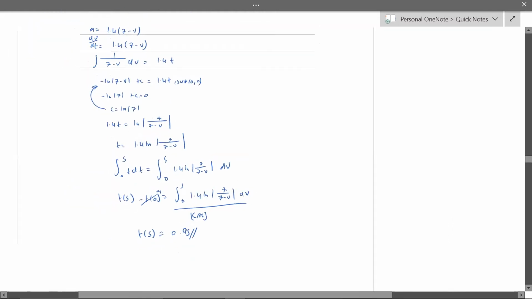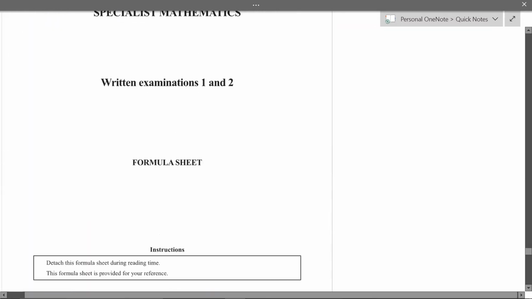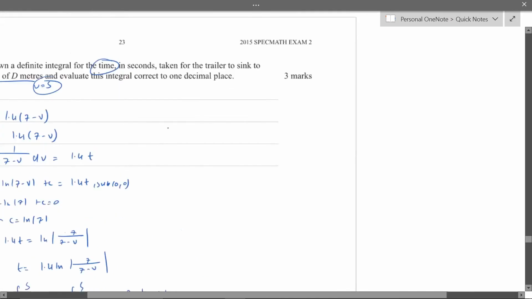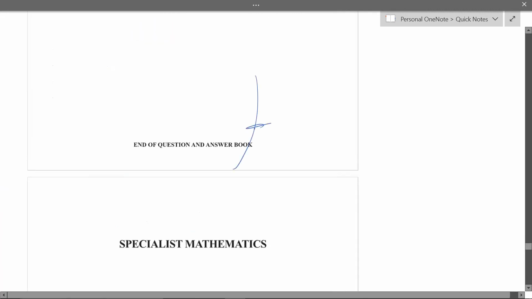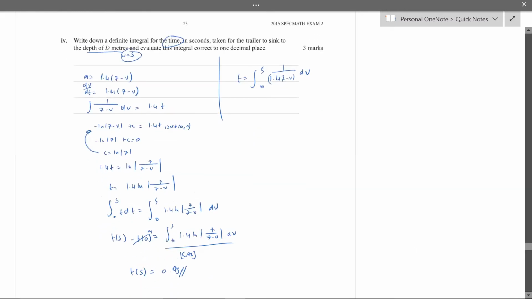I think the answers say you can just do t is the integral from 0 to 5 of 1 on 1.4 times 7 minus v dv, which is the same thing. Because essentially what they're doing is integrating it as t.